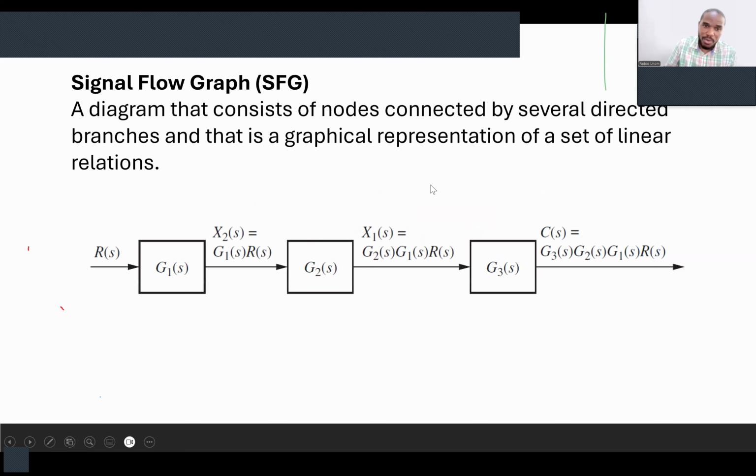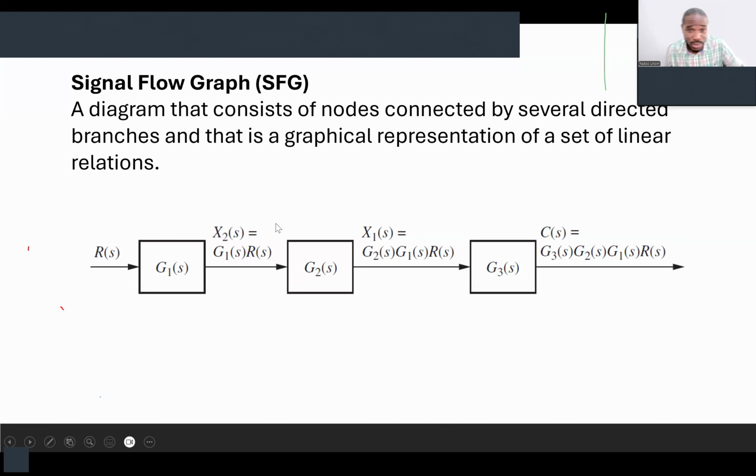Great. Now I will define what a signal flow graph is. The signal flow graph is quite similar, there's a form of it that is quite similar to a block diagram, right? But instead of just blocks that represent the transfer functions, we have this signal, this thing that shows us the particular functions.